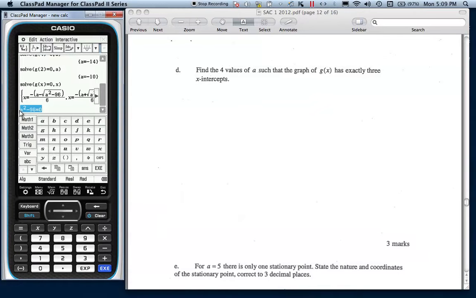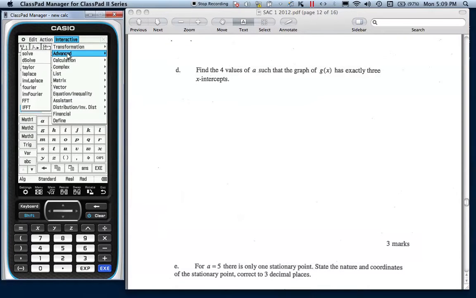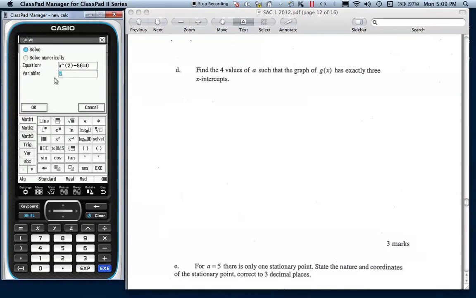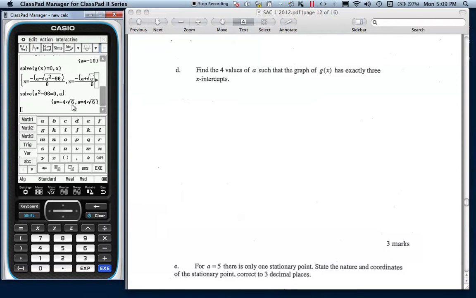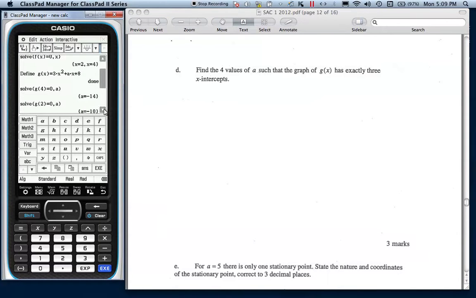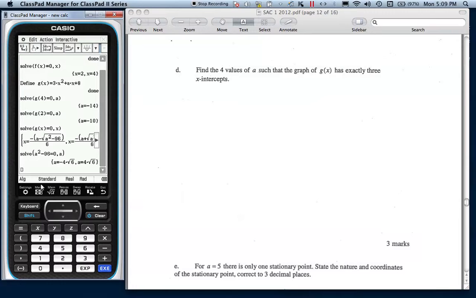And when I do that, I now solve for a again, and I get minus 4 root 6 or 4 root 6. So my four values of a, where I get three intercepts, are 4 root 6, minus 4 root 6, minus 14 and minus 10. So that's part D.